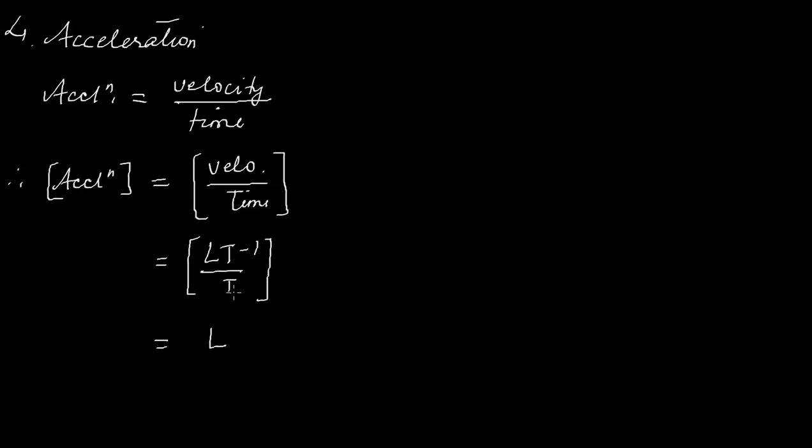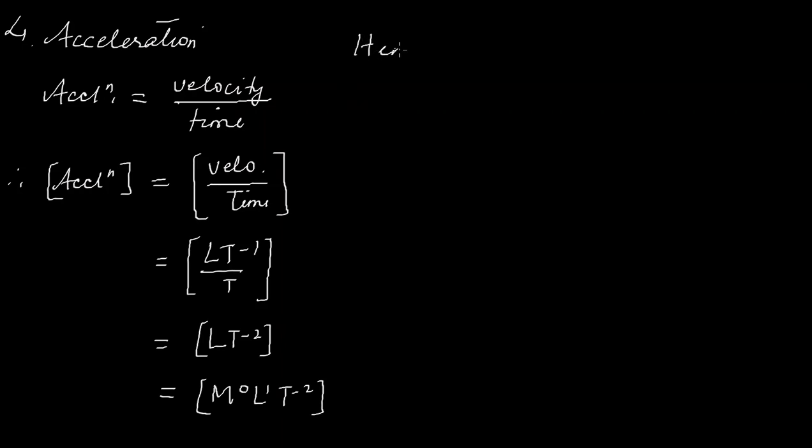So L, this T, which is in the denominator, if you take it up, it will be minus 1, isn't it? So you'll have T minus 1 into T minus 1. So that will be T minus 2. Is there any mass here? There's no mass. m0 L1 T minus 2.